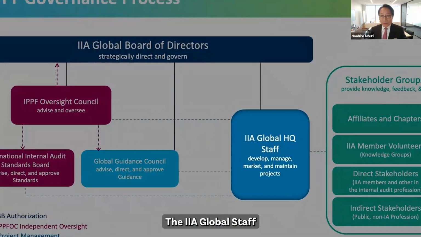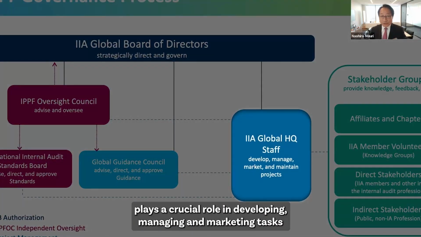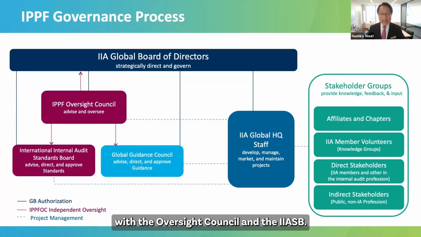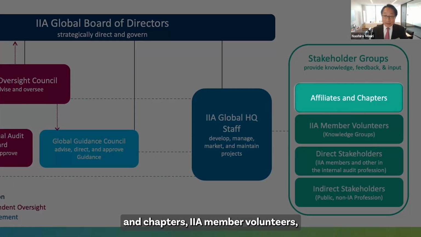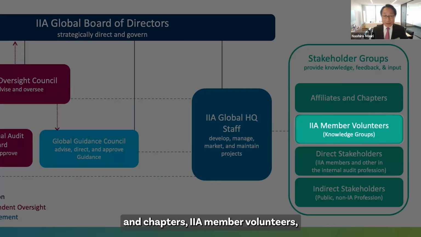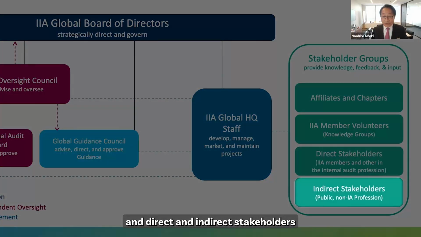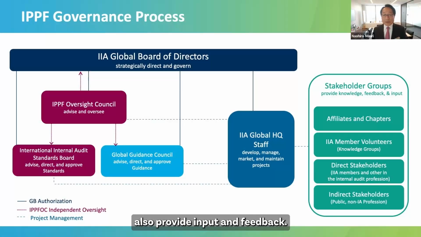The IIA global staff plays a crucial role in developing, managing, and marketing tasks with the Oversight Council and the IIASB. Our stakeholder groups, such as affiliates and chapters, IIA member volunteers, and direct and indirect stakeholders, also provide input and feedback.